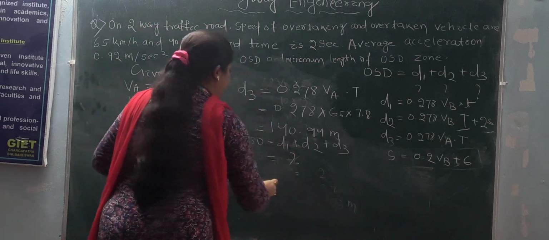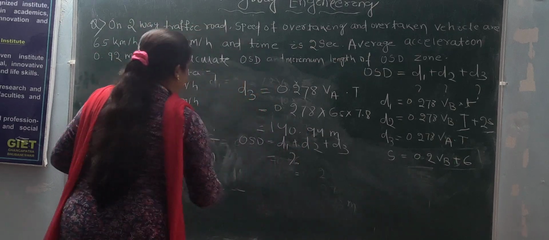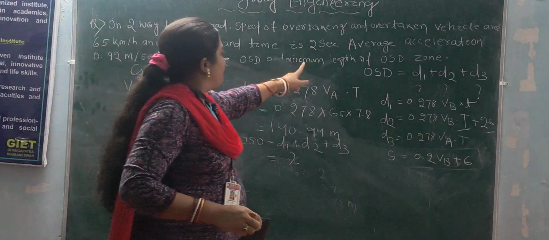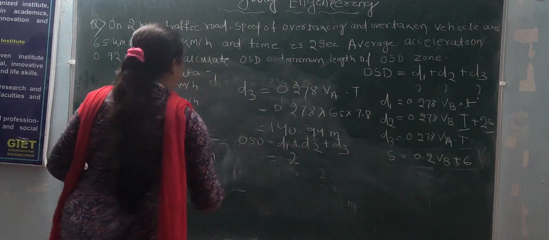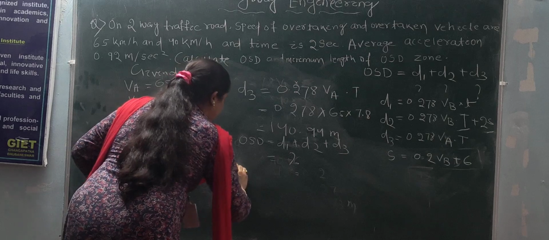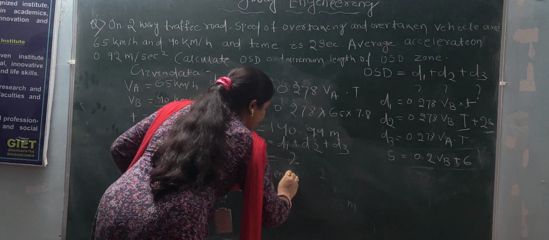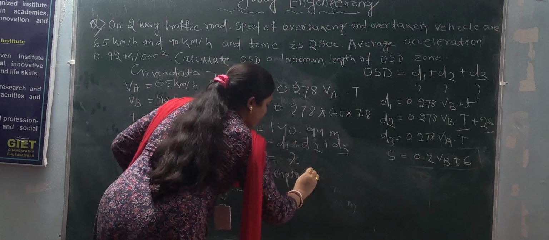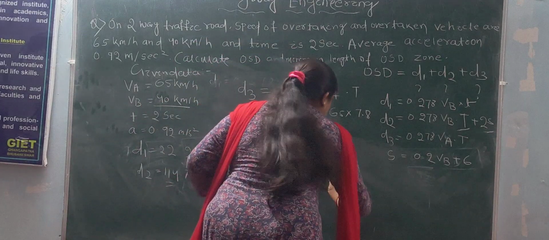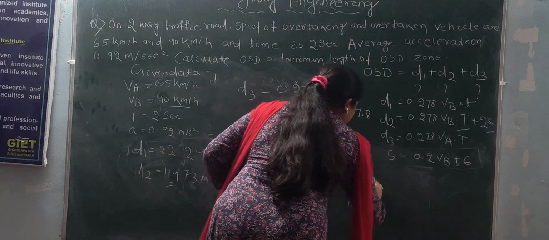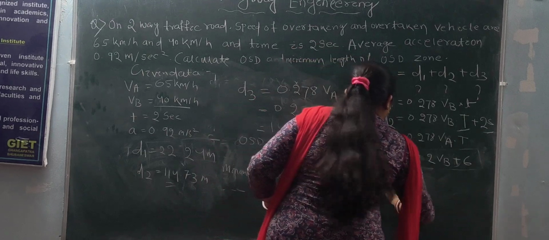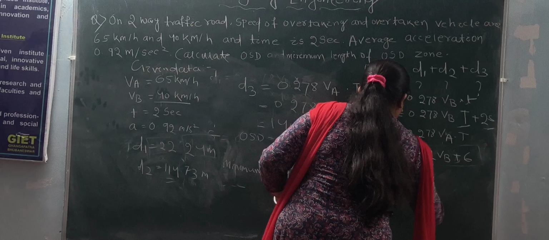Whatever the value will come, then what is asking? Minimum length of OST. So the formula is minimum length of OST is equal to P into what is the OST coming.